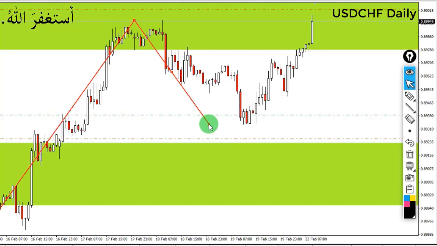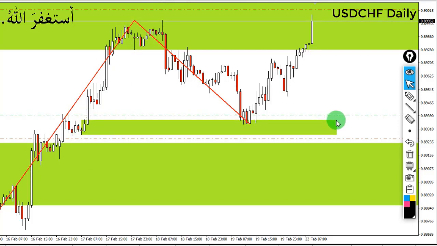On the H1 time frame, we got a nice demand zone here, a drop base rally demand zone. I entered after the formation of this bullish engulfing, and you can see that the market is going in our favor.